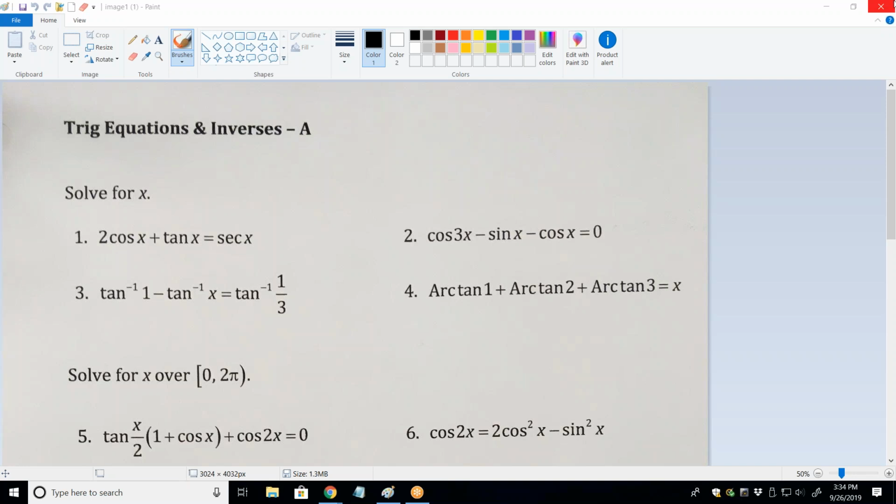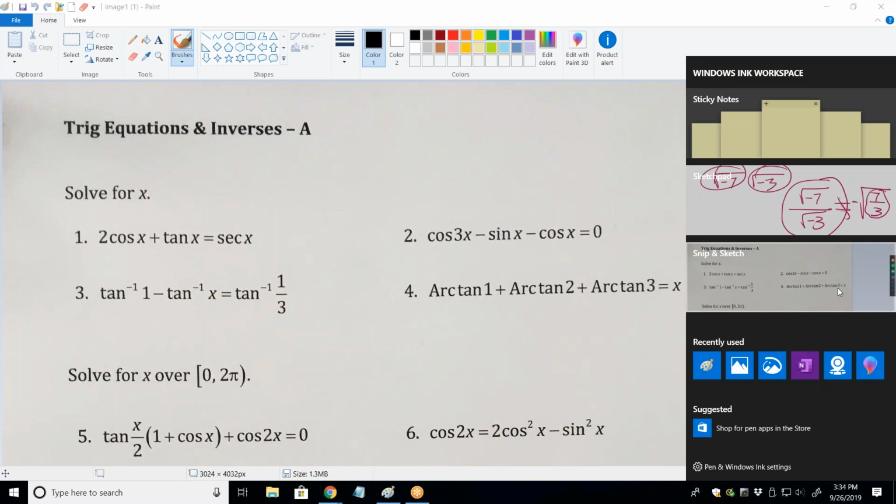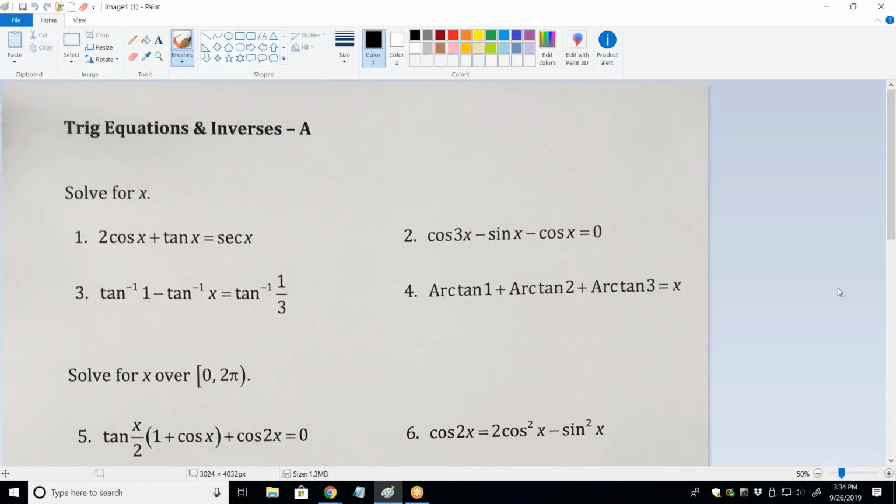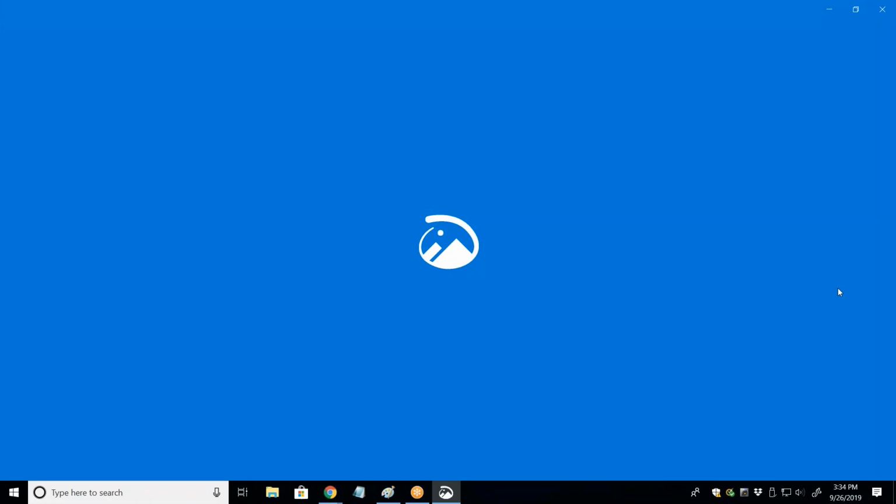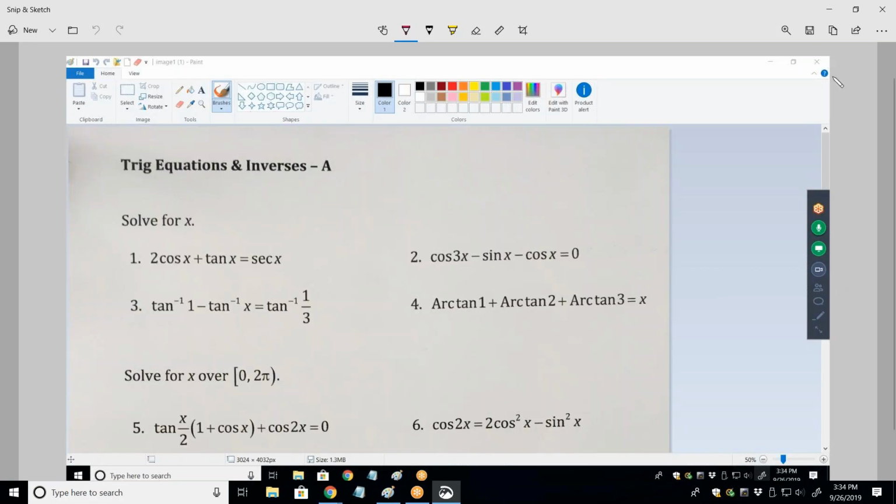The software seems to have improved significantly, so I can write and erase. Let me start up here.